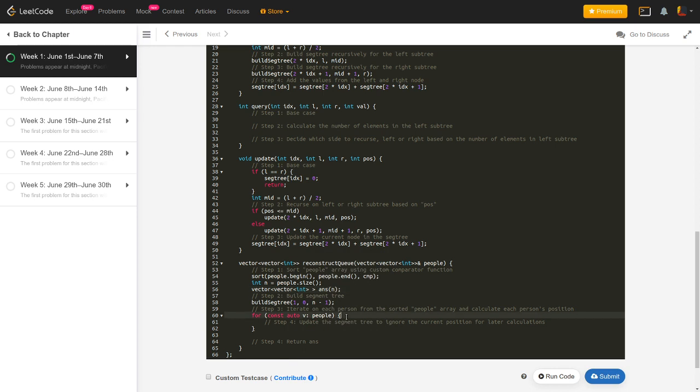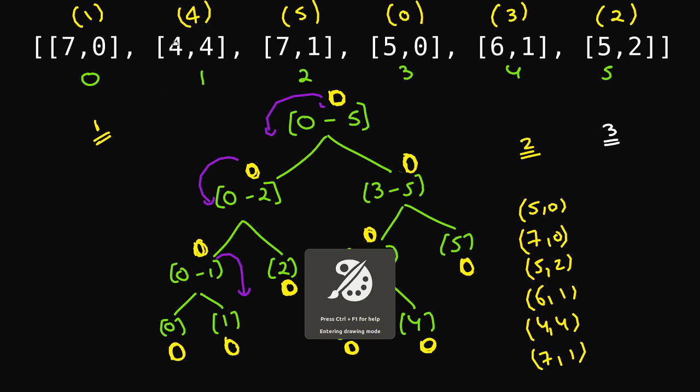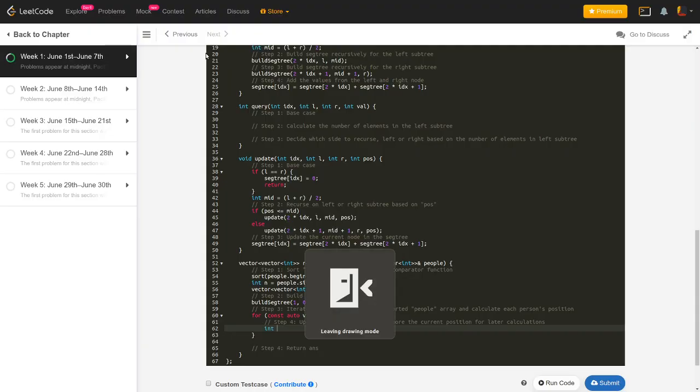Okay. I'll be just iterating on this sorted people array, and remember that the zeroth element is the value, and the element at the first index is what the k is. So k is v of 1.